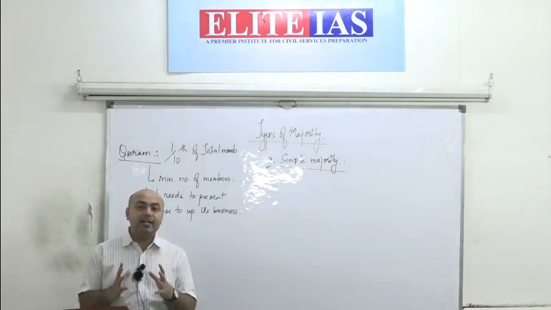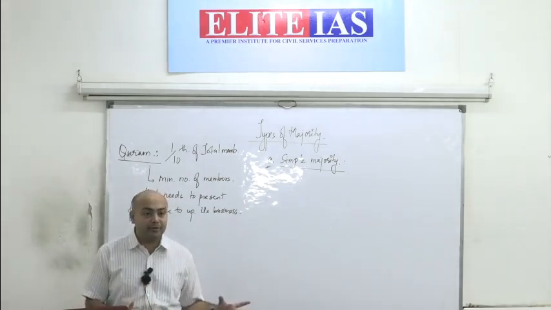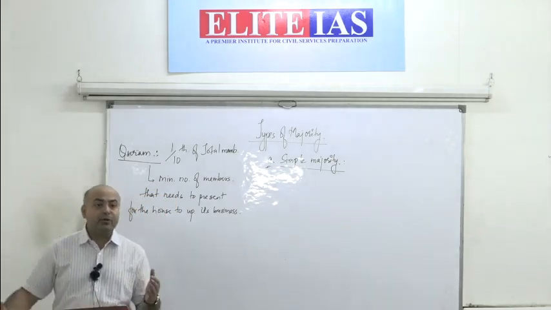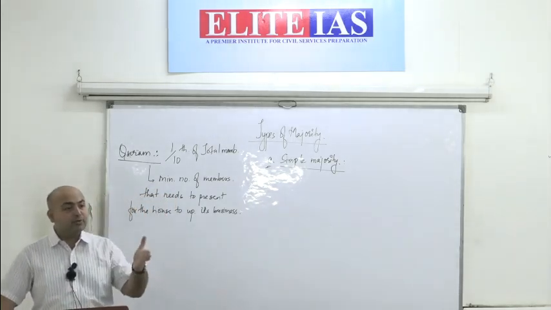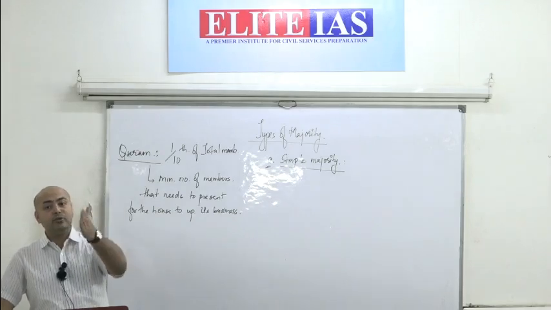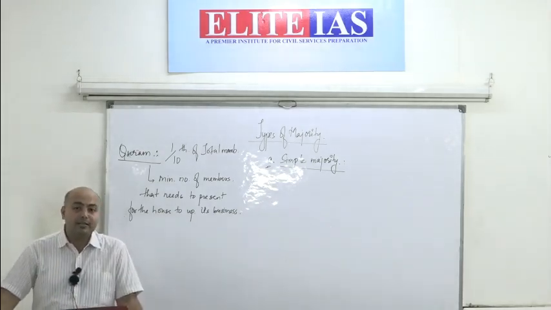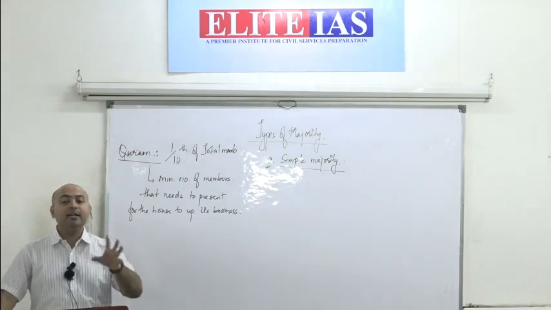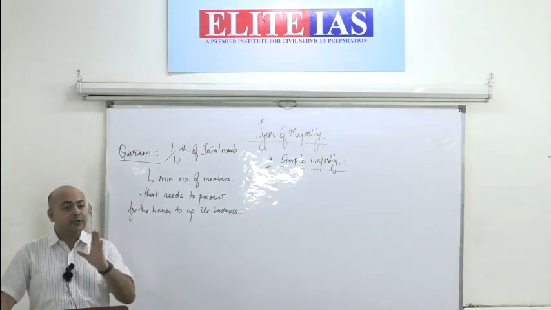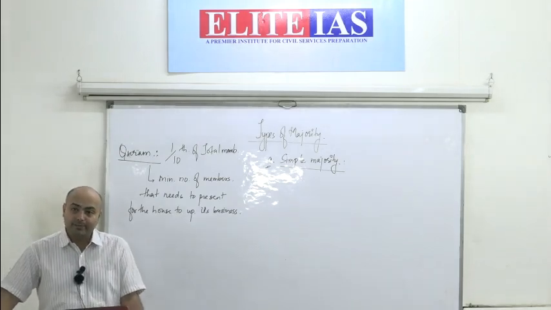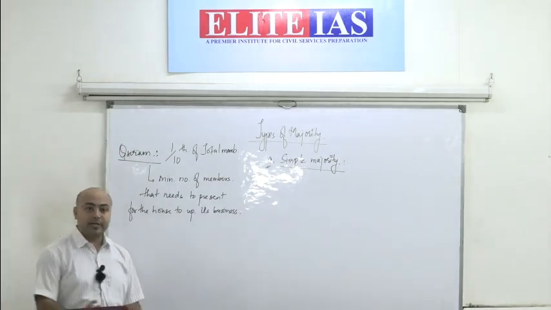That means the political party will not go out of power. Similarly, this year also we know that from 2019 till 2024, the next general elections to the Lok Sabha, the BJP is going to be in power. Why? Because they have absolute majority. Clear?